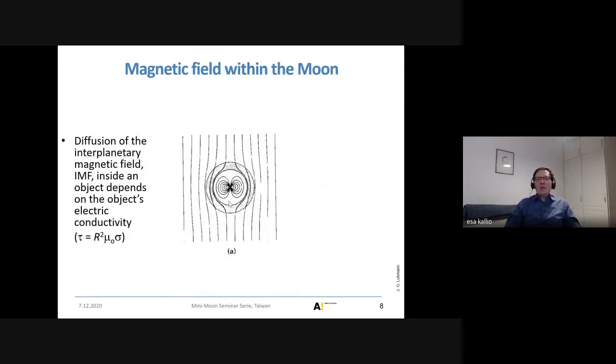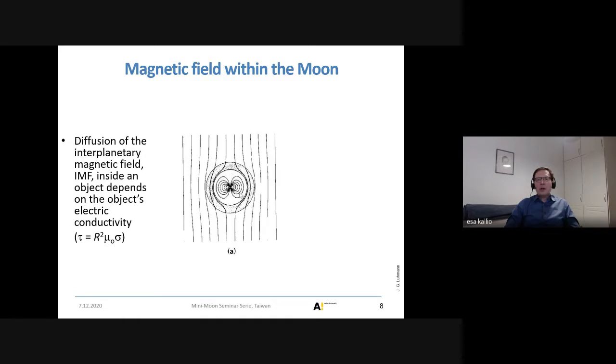Here is a couple of Janet's sketches too. In the previous one, we had a moon that was fully an insulator, or almost homogeneously conducting. But you can imagine that if the moon had a large core, for example, like this one. In electrodynamics that's interesting, because if there is a superconducting core, there is a magnetic field caused by the surface current.